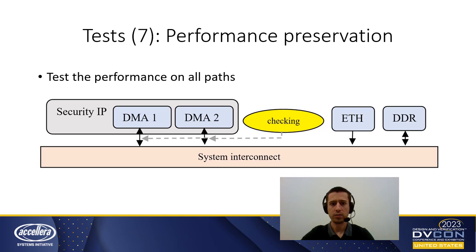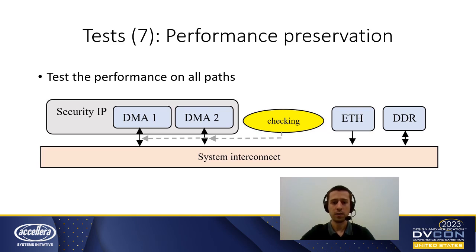It's very important to check performance. We didn't do any good if we integrate security IP which is functionally correct but has a severe negative effect on performance. So how to do it? We need to identify all critical paths in the system and create tests for each of these paths. I'll just give one example in my presentation and in my paper.